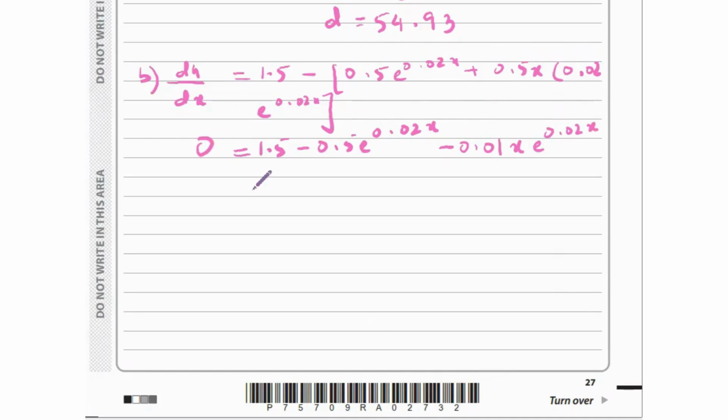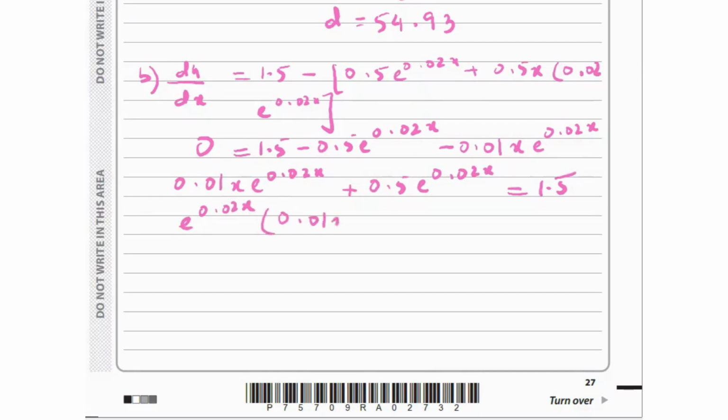And this is equal to 0 because it's talking about the maximum value. So 0.01x times e to the power of 0.02x plus 0.5 times e to the power of 0.02x equals 1.5. We can take e to the power of 0.02x common.